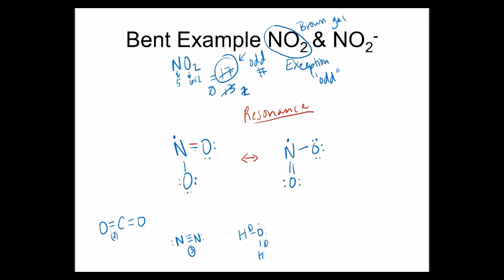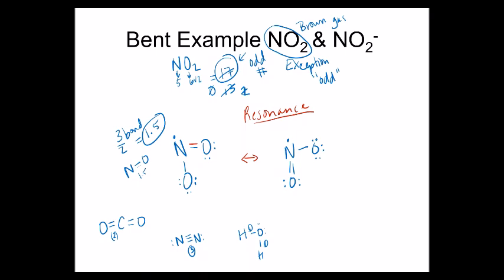Now, how do we look at the bond order here when it's equally split? Well, we have 1, 2, 3 bonds, 3 bonds being shared across 2 positions, really. So the bond order for this one is 1.5. So each nitrogen to oxygen is really like 1.5 bonds.